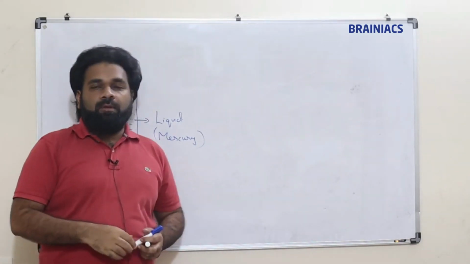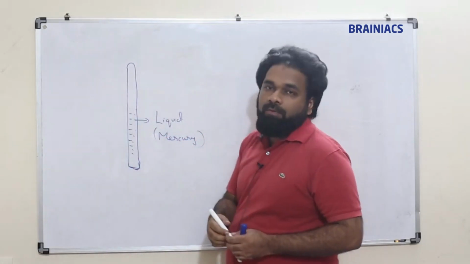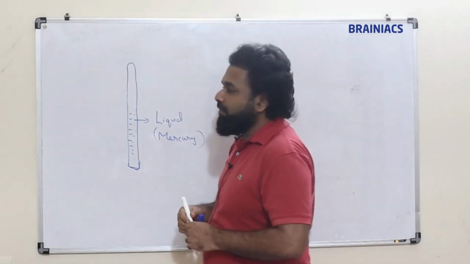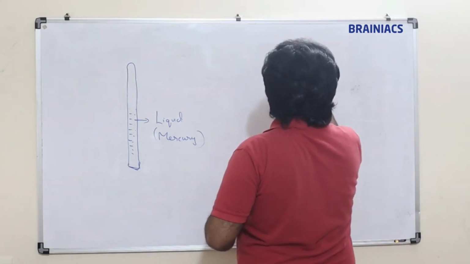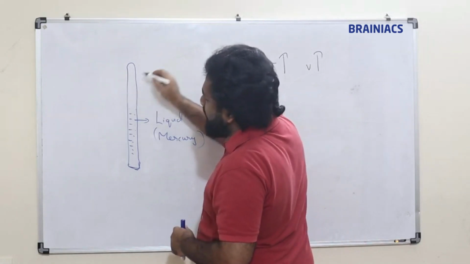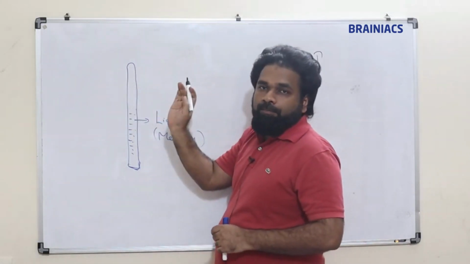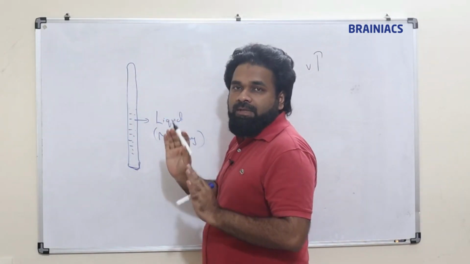So what we have seen, when we increase the temperature, what will happen to volume? Volume will increase, obviously. So when we increase the temperature, volume will increase. Suppose if we keep this thermometer somewhere around 100 degree Celsius.